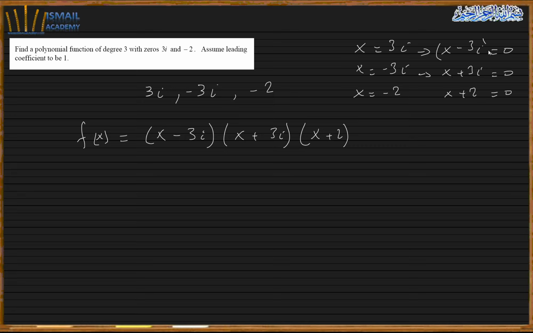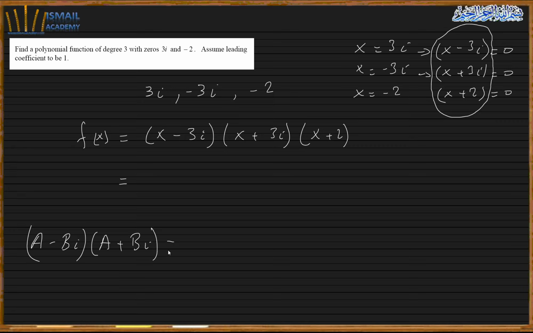Then you multiply those expressions together, because if I multiply this times this times this, it will give me 0, since 0 times 0 times 0 is 0. Here I'm going to use the idea that a minus bi times a plus bi is a squared plus b squared.